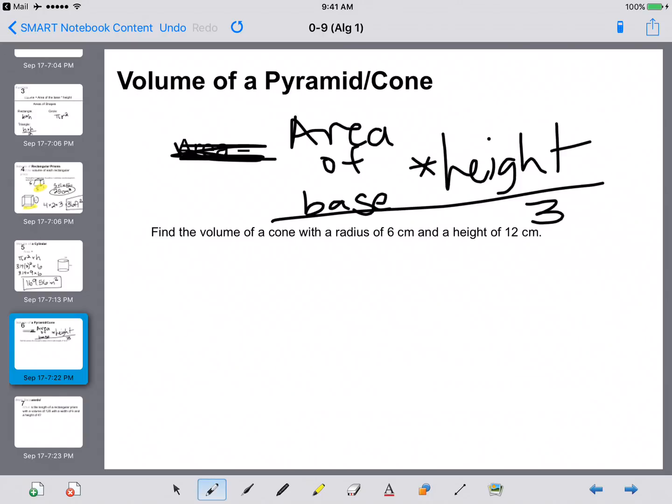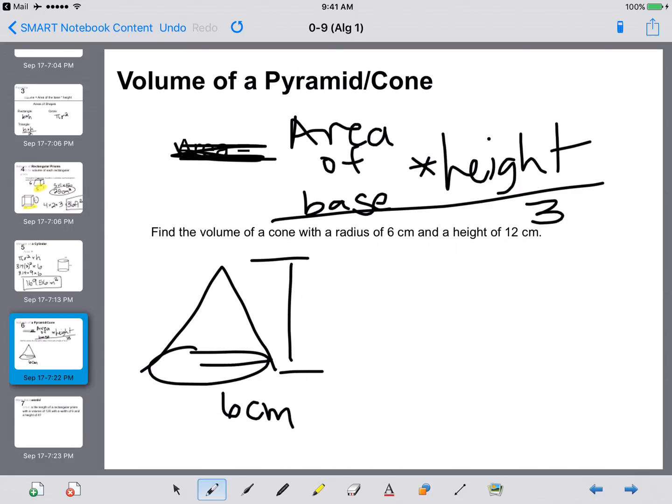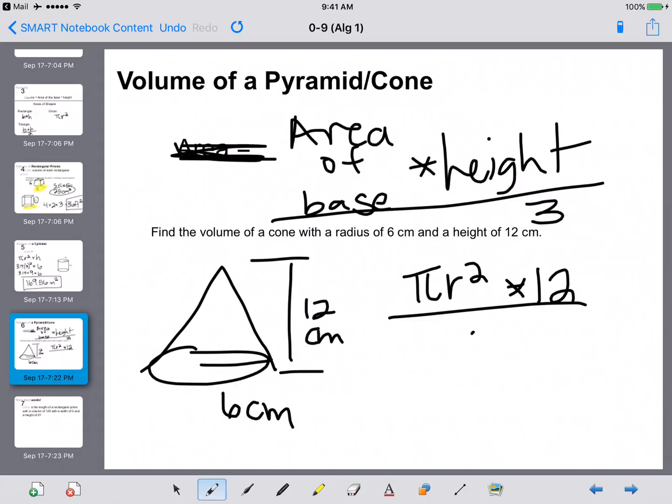So the volume of a cone, so I'm going to draw us a cone here. Wow, so beautiful. With a radius of 6 centimeters and a height of 12 centimeters. So the area of our base is pi r squared times the height of 12 divided by 3. Because it's a cone, it comes to a point. So pi is 3.14 times our radius squared, so 6 squared is 36.